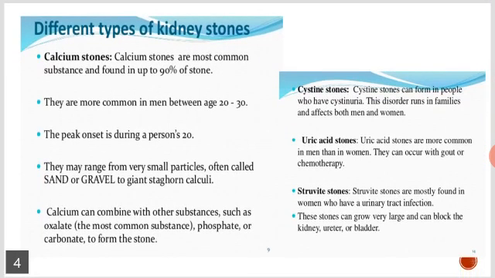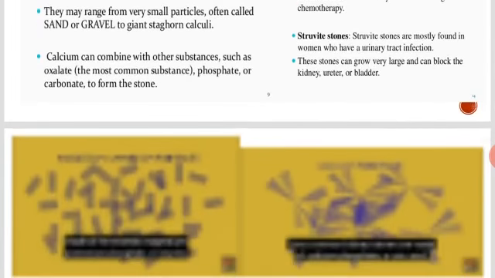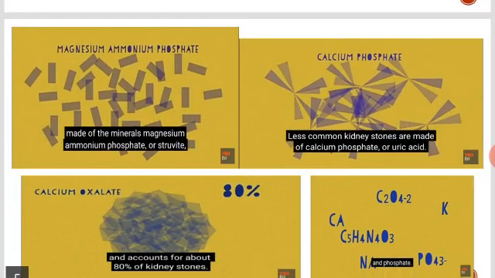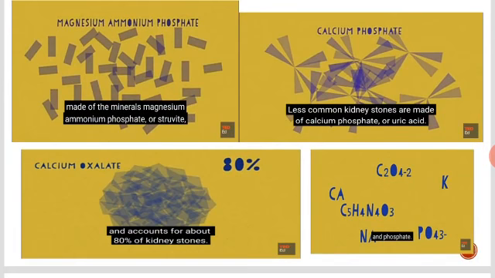This bacteria act on urea with the help of enzyme urease, where urea is converted into carbon dioxide and ammonia, where ammonia makes alkaline secretion of urine. Followed by that, here are the pictures of stones: magnesium ammonium phosphate or struvite stone, calcium phosphate and calcium oxalate.